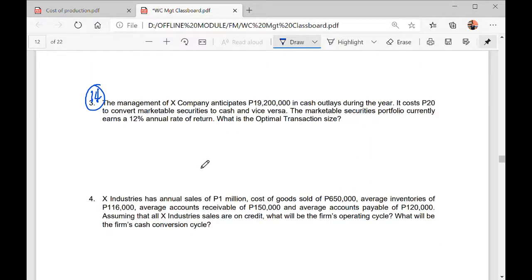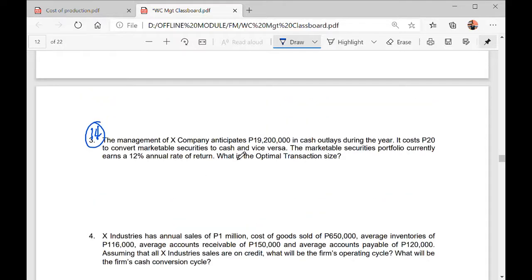So the formula for the optimal transaction size, so if nakabasa na mo, your OTS is equivalent to the square root of 2 times the conversion cost times the annual demand over the opportunity cost. So i-substitute na to, square root of 2.